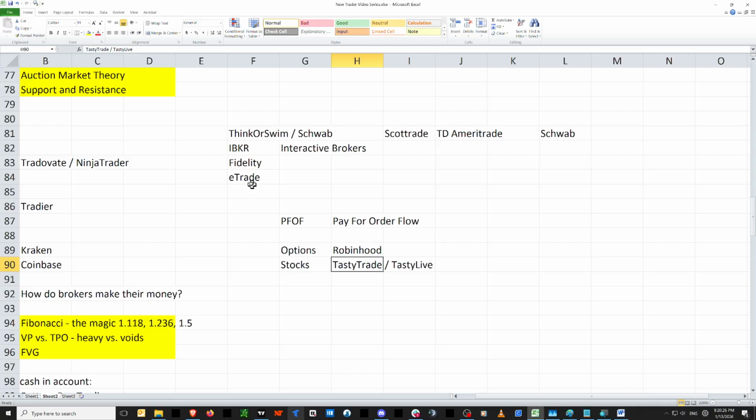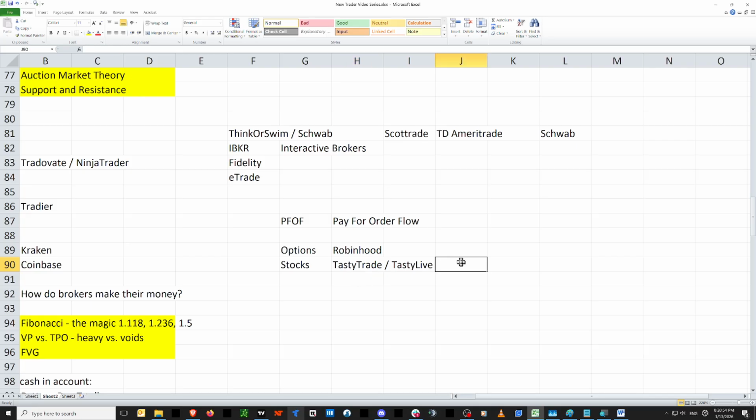But Robinhood does not charge you but a couple pennies because they're using pay for order flow. And Tasty, however, has got a completely different thing. They charge you $1 to open a trade, nothing to close the option trade. So essentially it's 50 cents round trip if you open and close it, which is a bit of a discount over these guys up here.